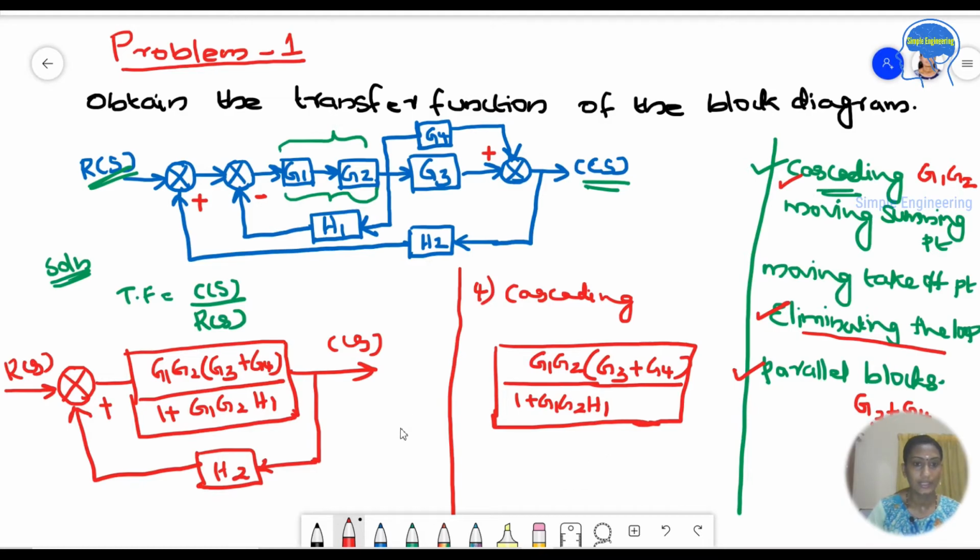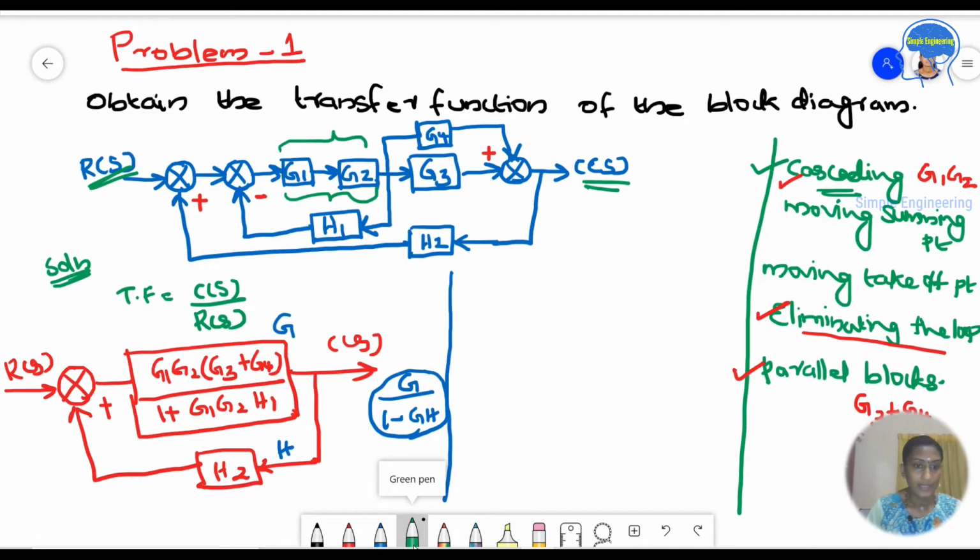First, eliminating the loop, this will be your G and this will be your H, and here the sign is positive, which means it is negative feedback. So you have G by 1 minus GH. This is the formula which you have to apply.